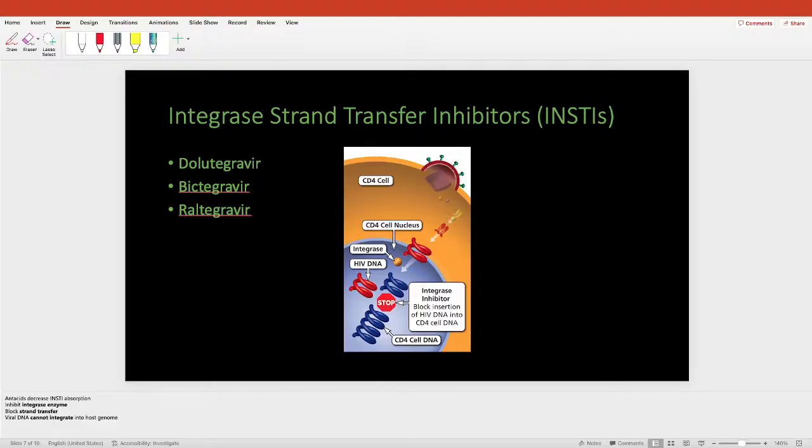Viral DNA is now going to insert itself into the actual DNA within the nucleus, and that's where the integrase inhibitor is going to play a role in stopping that integration. So this picture is really good. It points a few things out for you, so at least you can get an idea as to the processes here.